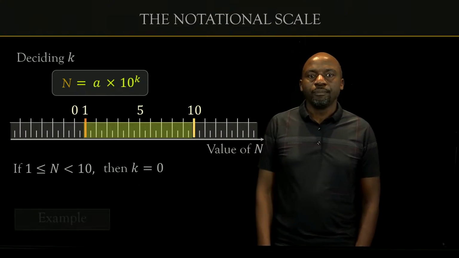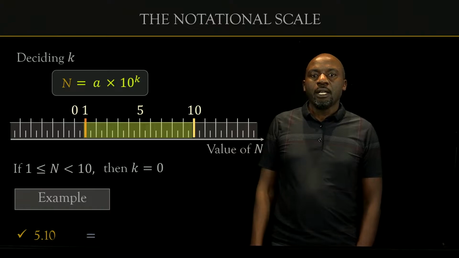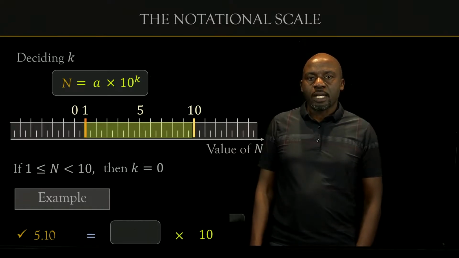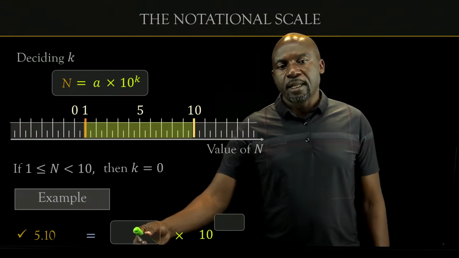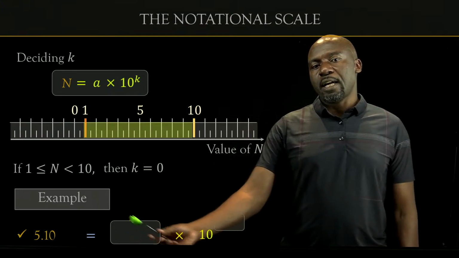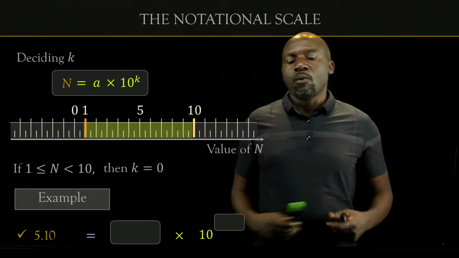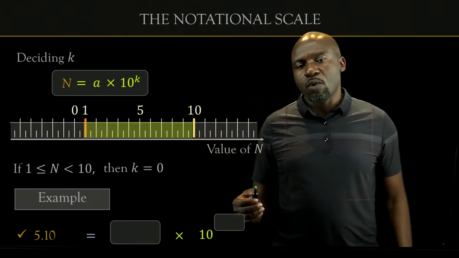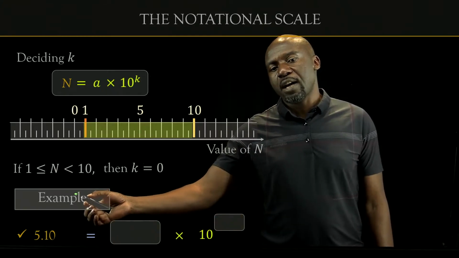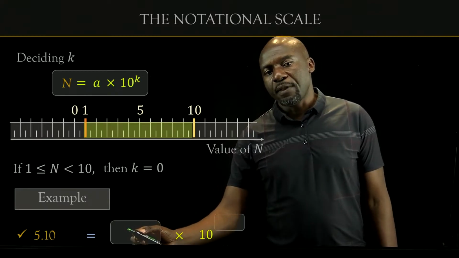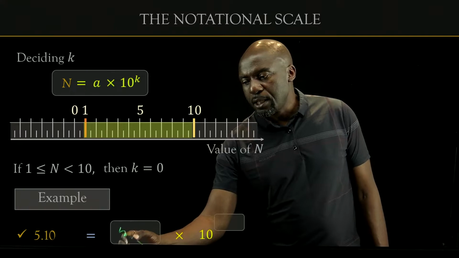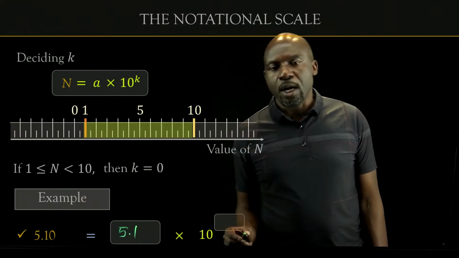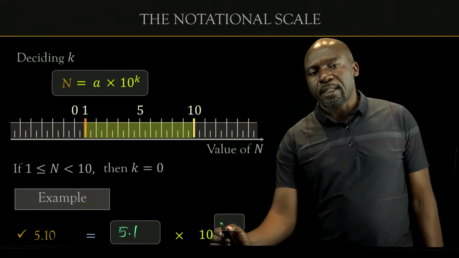For example, 5.1 can be expressed as, so the number we want to write here is a number that lies between 1 and 10 and has the same digits as that. Well, there is no other number lying between 1 and 10 that has the same digits as 5 and 1 other than 5.1 itself. So we write this as 5.1, and we multiply by 10 power 0.